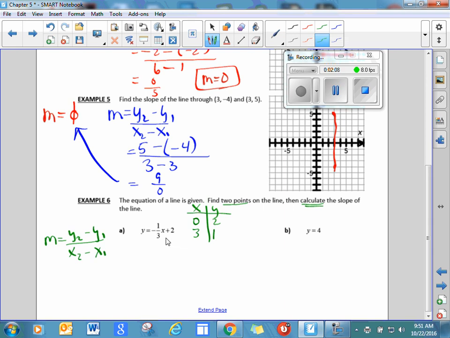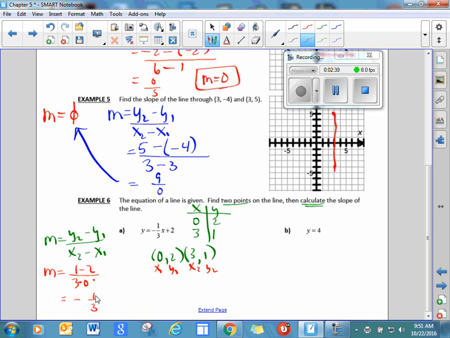If we write our ordered pairs (0, 2) and (3, 1), it may help to go ahead and label x1, y1, x2, y2, so you don't get your numbers confused. So the slope, m, is equal to 1 minus 2 over 3 minus 0, which is negative 1 over 3.